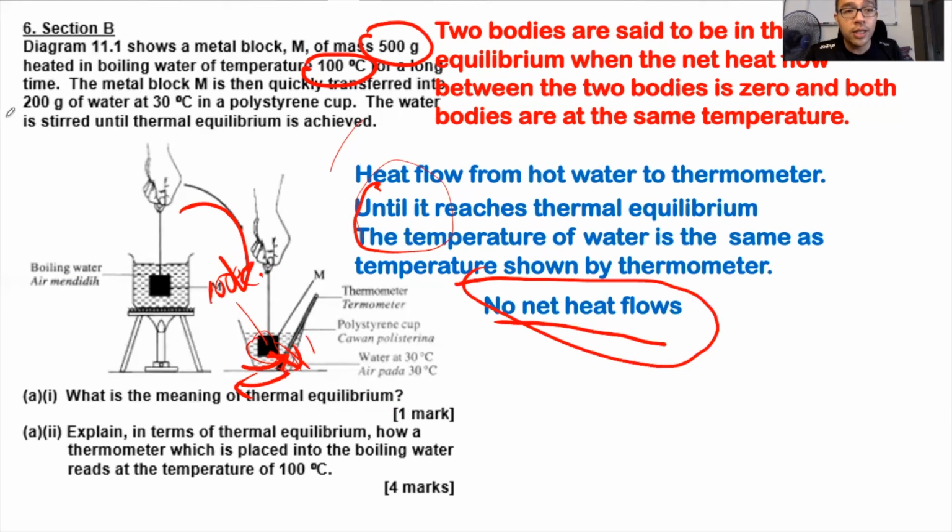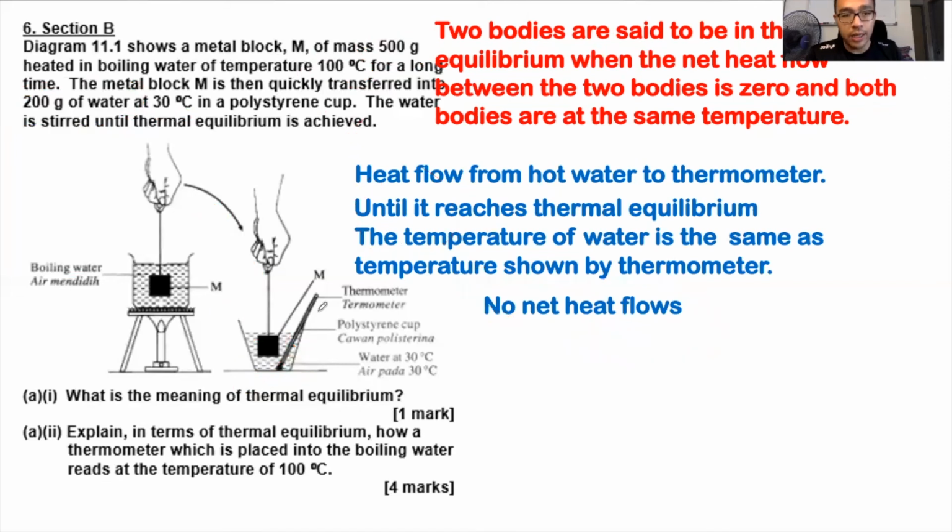It is transferred into 200 grams of water at 30 degrees Celsius in a polystyrene cup. Is the temperature of the water going to increase? Yes, it's going to increase. Is the temperature over here going to decrease? Yes, it is going to decrease.